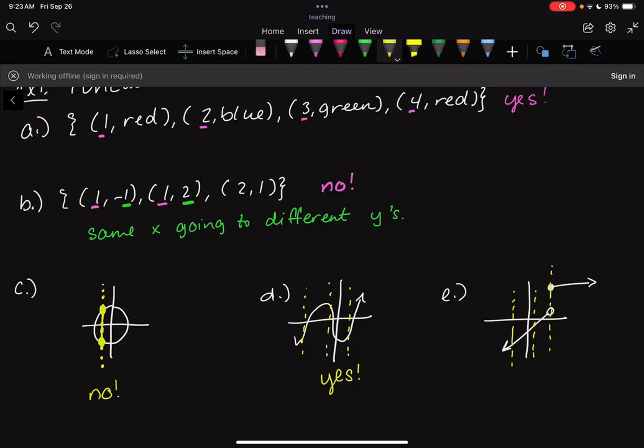Okay, so this one's kind of interesting because through these little dots here, I am technically hitting two different y's, so it looks that way. But be careful, this one right here is an open circle, so it's not actually defined there. It's only defined here. So this would be, yes, a function.